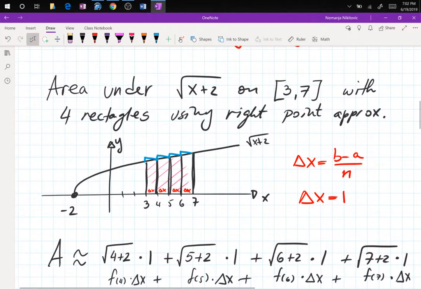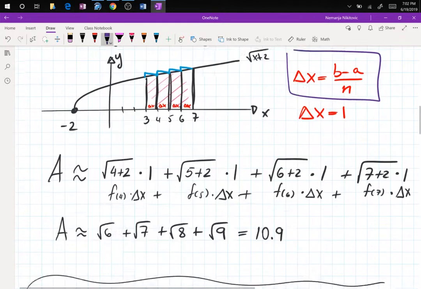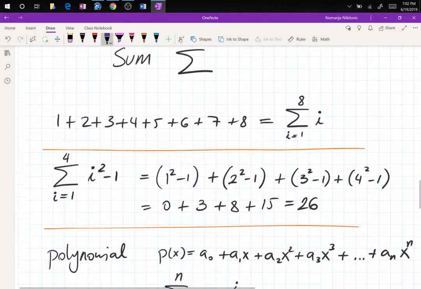Compute the function values at those points, and then compute your delta x using this really cool formula, which we will see again tomorrow. This formula will be very important. And you just do a middle school calculation, right? Length times width, and that will be it. So please try not to make this complicated, all right?